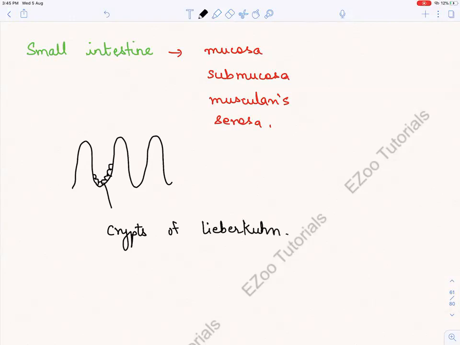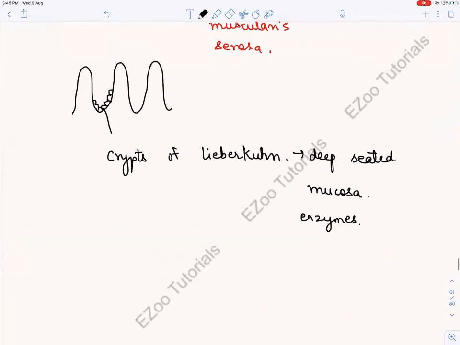They are deep-seated. And where are they present? They are present in the mucosa. And they are secreting many kinds of enzymes, which we'll study when we are doing digestion.